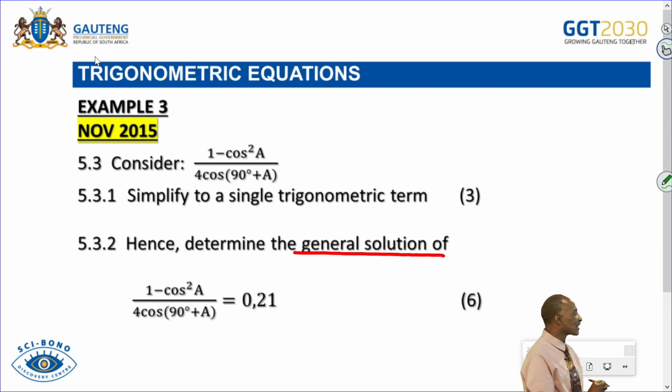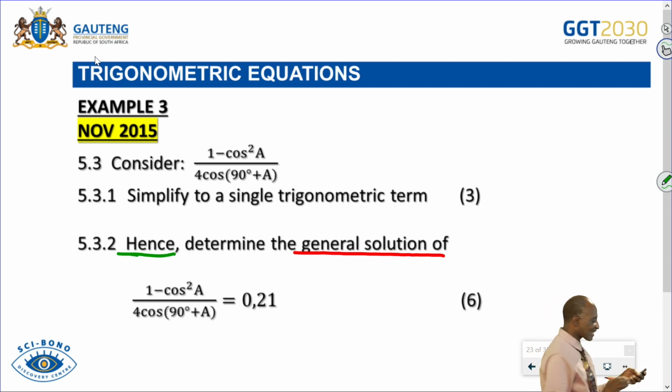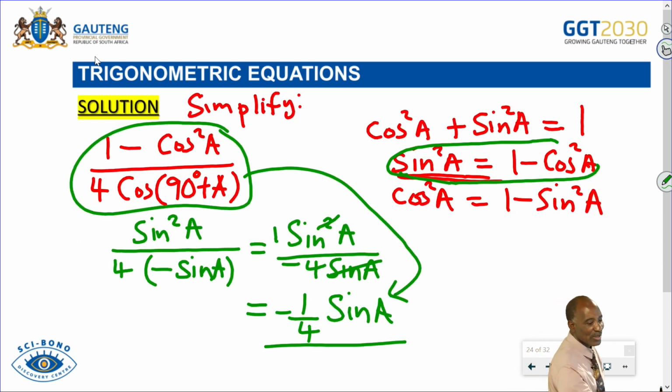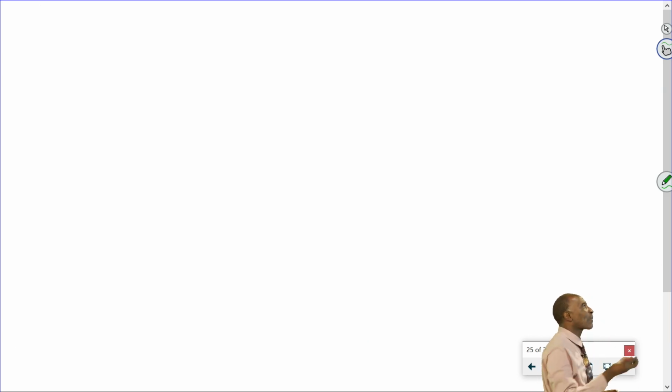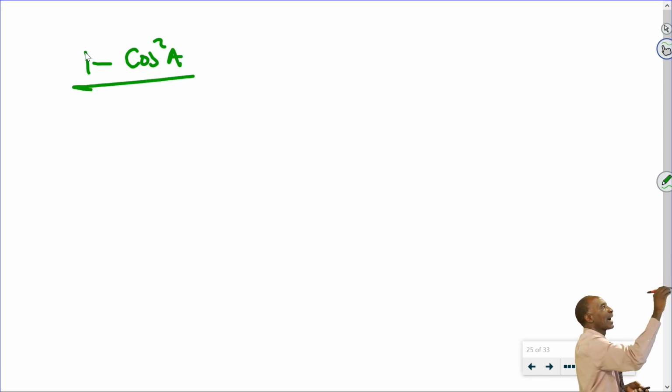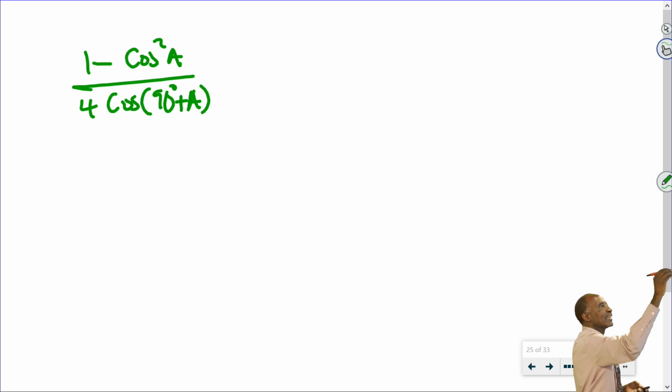Then we move on to 5.3.2, which says hence. When they say hence, they are saying using the previous result, solve this equation. We already know our previous result. We are going to say in our previous result, we have 1 minus cos squared A divided by 4 cos of 90 degrees plus A is equals to 0.21.